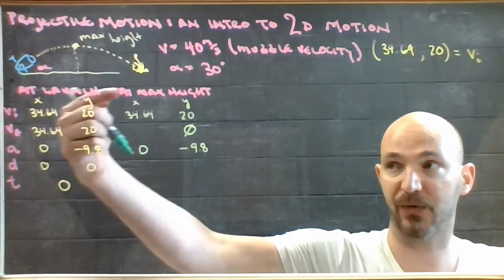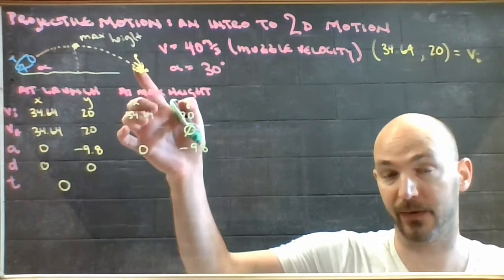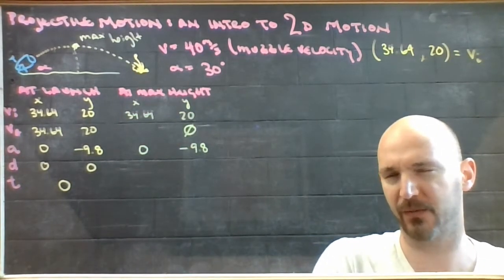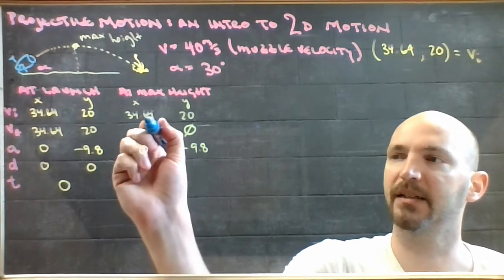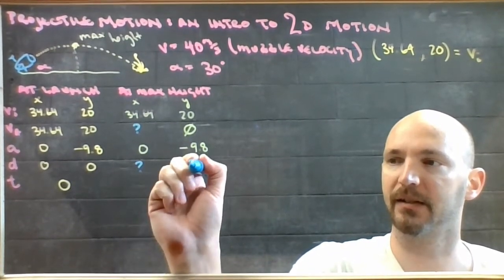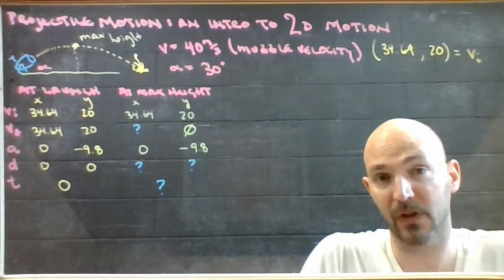How far has it traveled in x? I don't know. How far has it traveled in y? I don't know. How much time has gone by? I don't know. So I have some question marks to fill in there. I need to calculate this, and this, and this. We'll just leave them there for a minute.